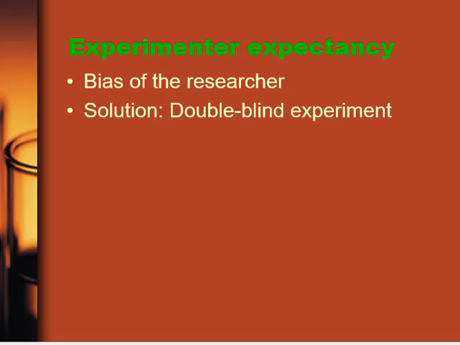So the way that we control for this in an experiment, or reduce the impact of the experimenter expectancy on the outcome variable, is to have a double blind experiment. So this is when the researcher and the subject don't know if they're in the experimental or control group. So the researcher is blinded to what's going on, so when they make their measurements, there's no bias involved.